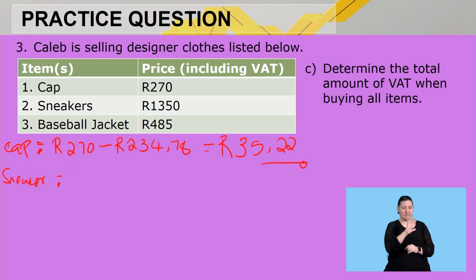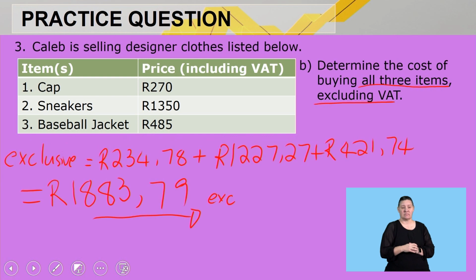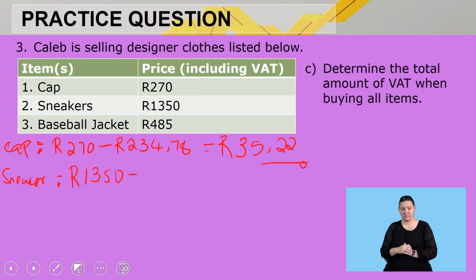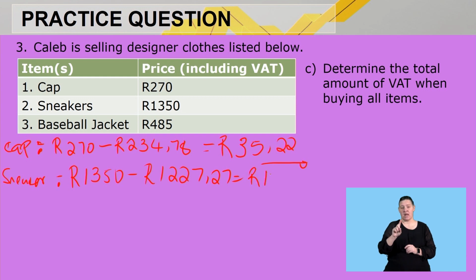For sneakers, we had the original price of 1,350, and we subtract 1,227.27 from it. So 1,350 minus 1,227.27 gives us a VAT amount of 122.73.